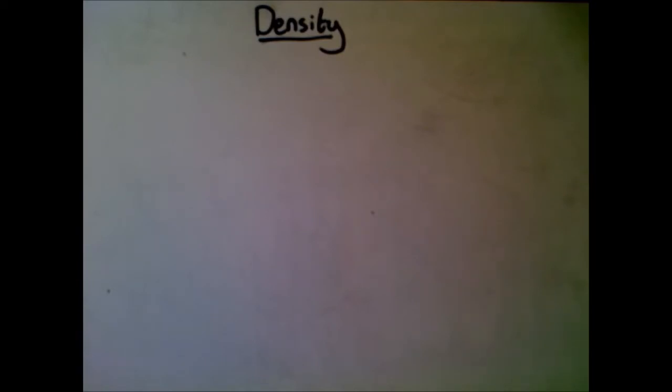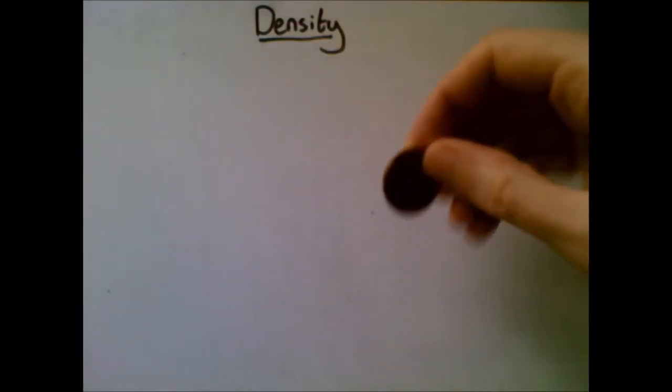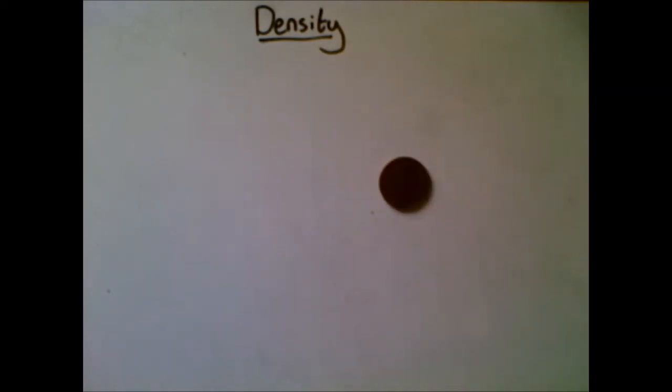For example, if you had a big branch from a tree that had fallen off maybe in a storm, and you found the mass of it, that would have a much higher mass than this coin here, which is made of copper. But does that mean I can say that wood is heavier than copper? Well, no, that's a silly thing to say because obviously it's going to depend massively on the dimensions of your object.